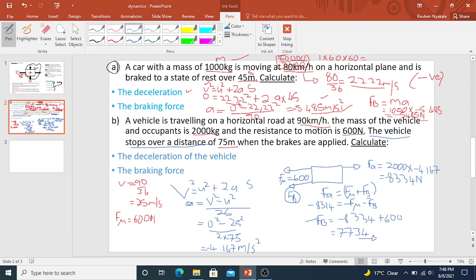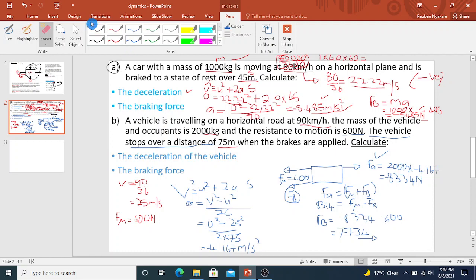That's your answer. Now, you can either use it this way, as I've explained, that the applied force is the gradually reducing force, or you can write it with a positive sign. If you're writing it with a positive sign, here it is FA, and everything here will be positive.